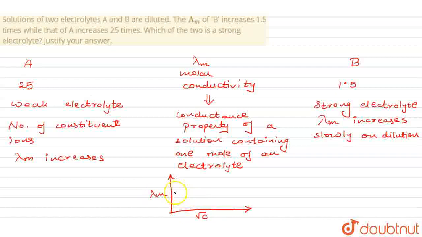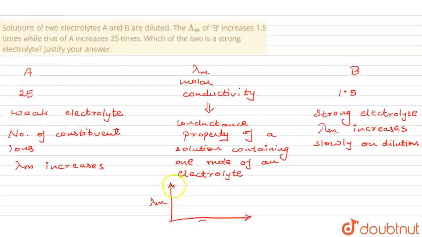So for a weak electrolyte, on dilution, that is, as the concentration of the electrolyte goes on becoming lesser, water molecules are added. Hence the curve would look this way. As the concentration increases, definitely the lambda m value is going to decrease, but on dilution, the value increases.